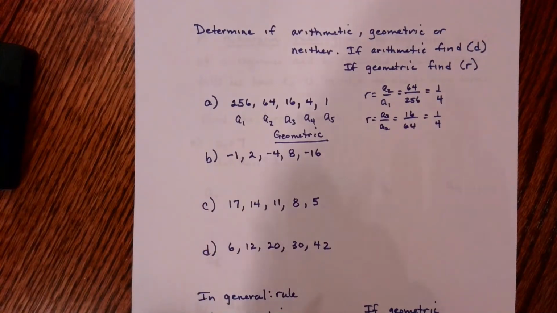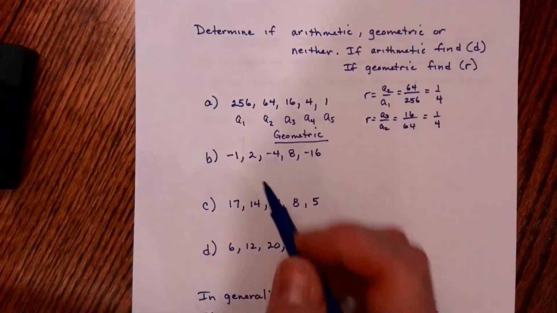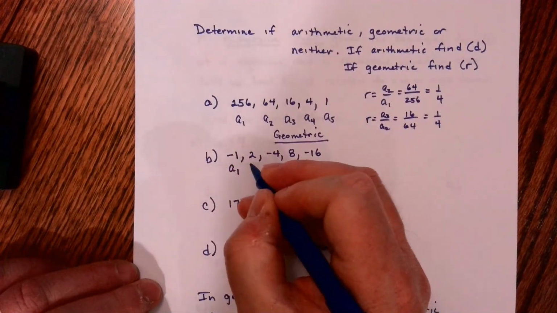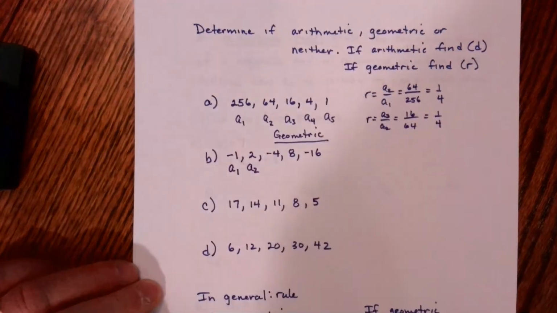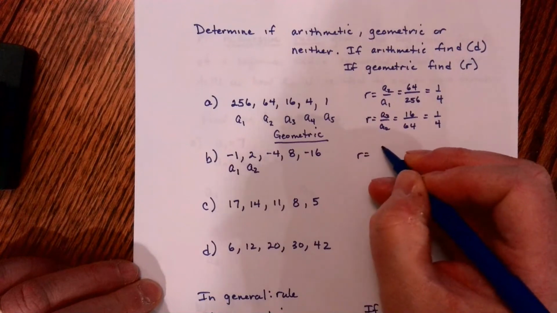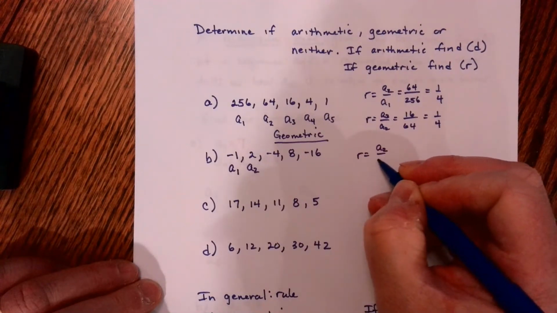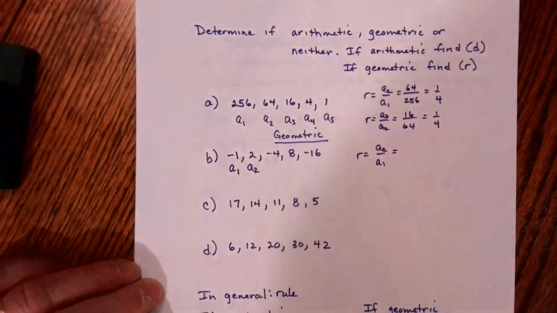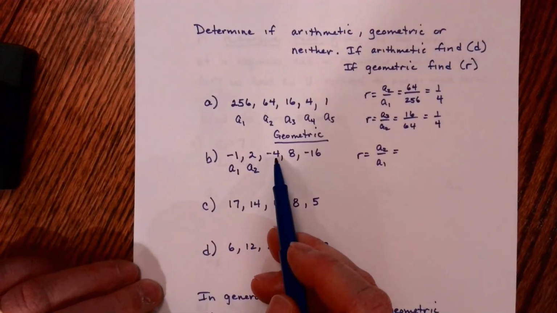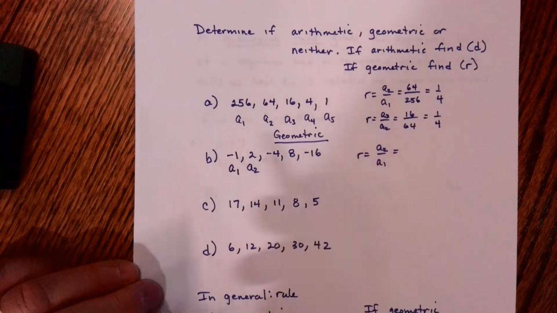Once again, if I look at my terms, with the value of my first term being -1, the value of my second term being 2, if I take the ratio, because I think it's geometric, the reason why I think it's geometric is that I can see that 2 times 2 is 4 times 2 is 8 times 2 is 16.